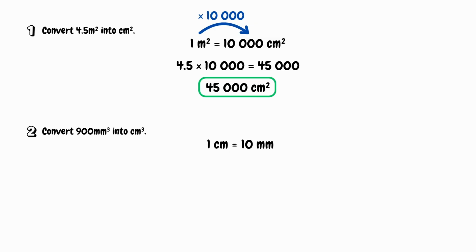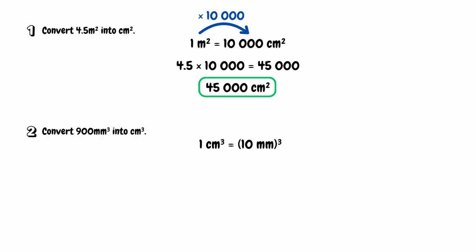So now that we've got this, we want to go to our volume unit conversion. So we're going to cube both sides. So starting with the left-hand side, if I take that 1 centimeter and I cube it, I'd end up with 1 centimeter cubed. And then on the right-hand side, I've got to do 10 millimeters cubed.